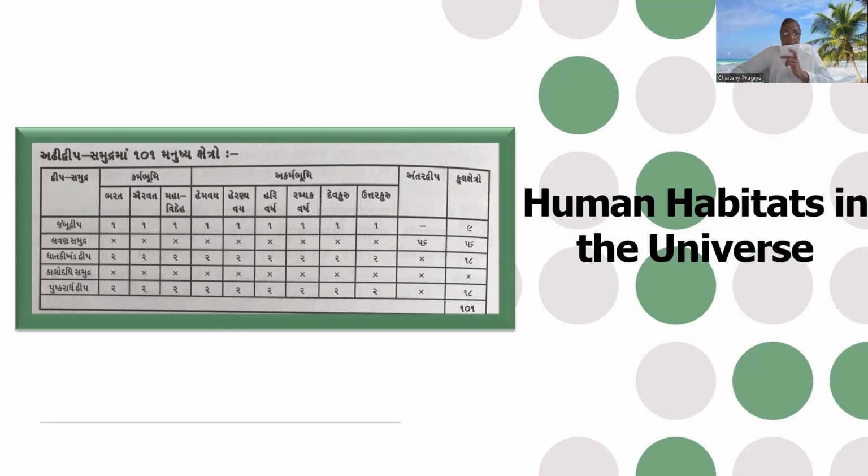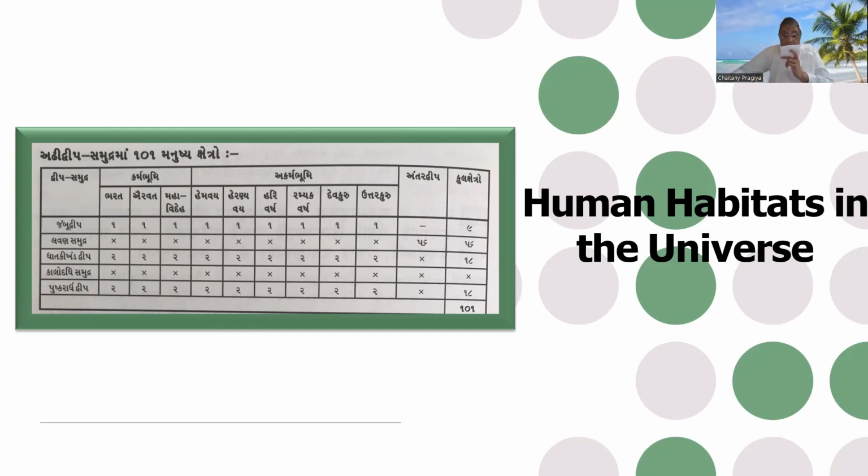So you can see that human beings are found in Jambu Island, in Dhataki Island, and also in half of Pushkar Island. In these two and a half islands only, human beings can be seen, and they are found in 15 types of karma bhumis, 30 types of akarma bhumis, and 56 types of inter islands, antardvip.